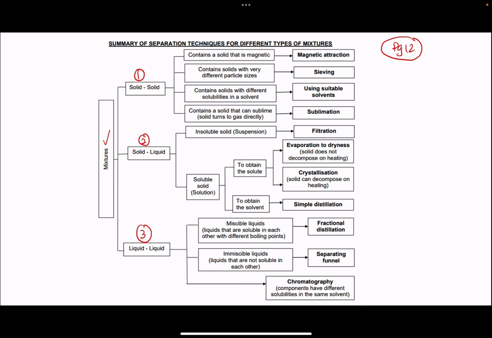Depending on whether it's a solid, liquid, or liquid mixture, you will have all sorts of different separation techniques that will be used to separate them. But how do we choose this separation technique? It will depend on the physical properties of the substances in the mixture. All the physical properties are written over there, but we will come back to this chart.